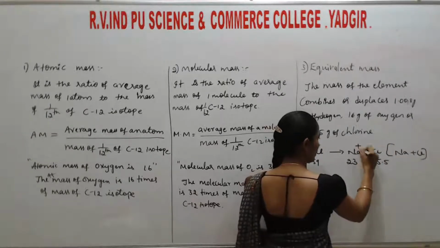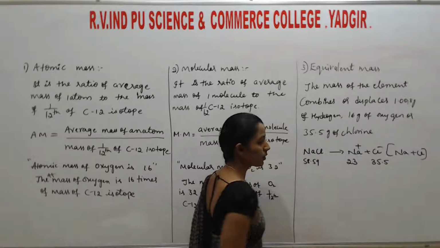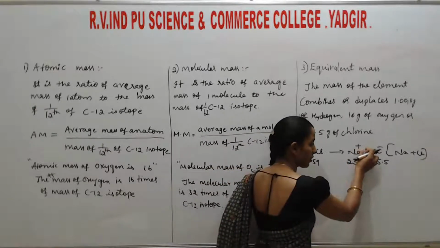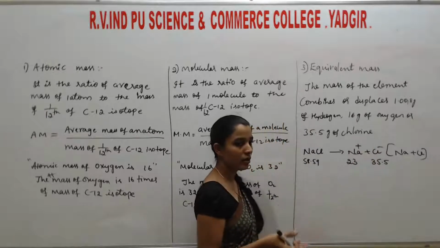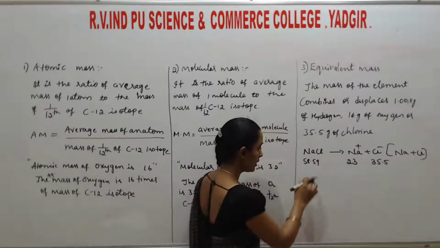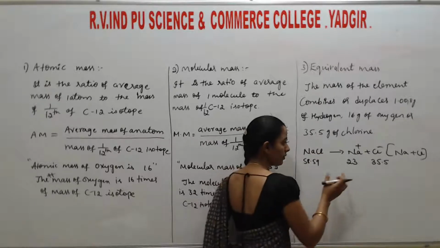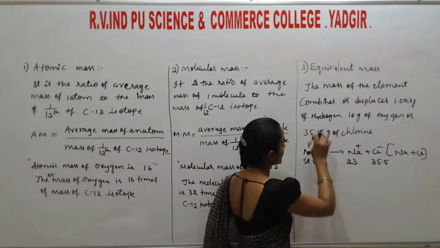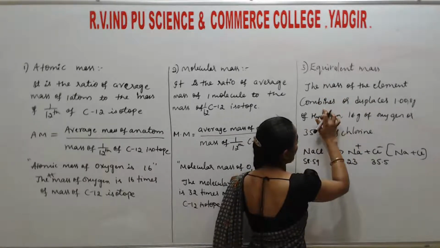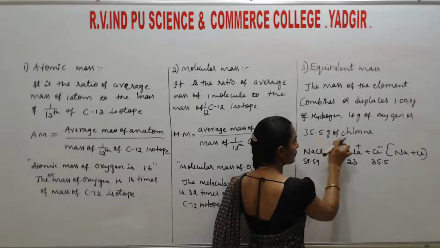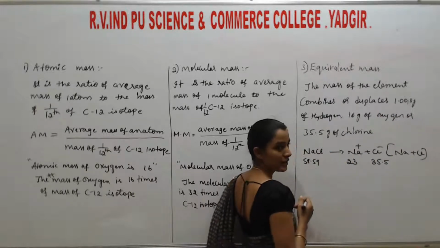We just assume plus and minus. Atomic mass depends on the number of protons, not the number of electrons, so whether an electron is lost or not, we won't bother. Its atomic mass is always 23 only. So here we got 35.5 gram of chlorine. The mass of element combines or displaces this much, and 35.5 gram of chlorine is its equivalent mass.